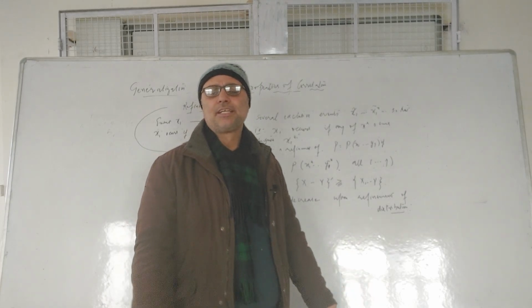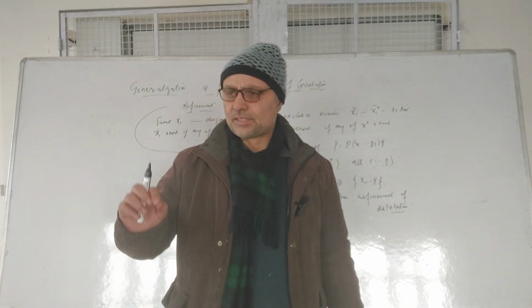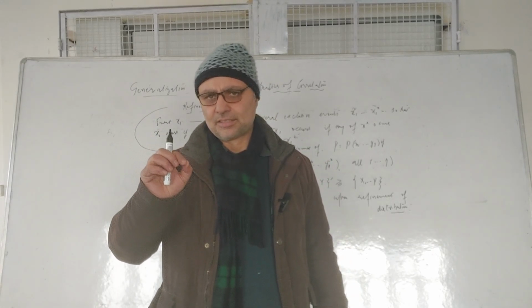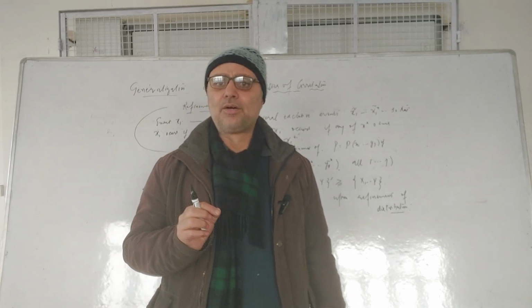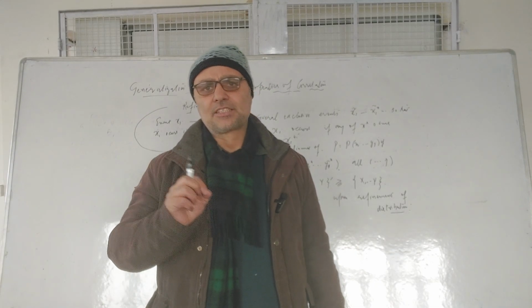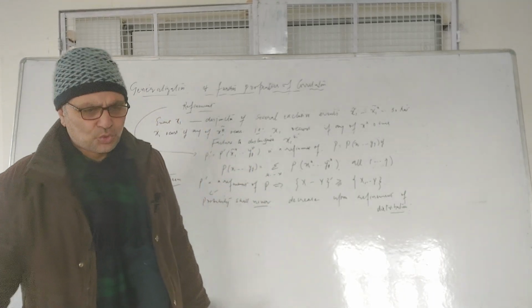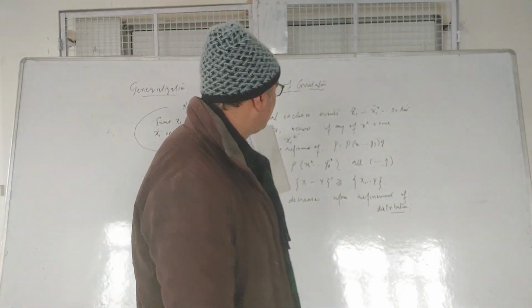Now we can take a joint probability distribution with, for example, a set x and y, where x may belong to x1, x2 and y similarly. We'll see how this property of refinement turns out in a joint probability distribution.